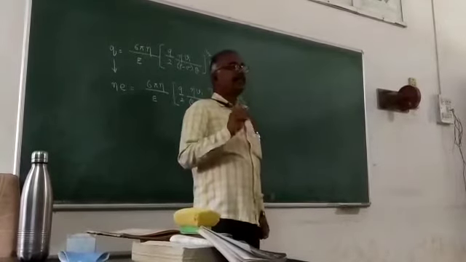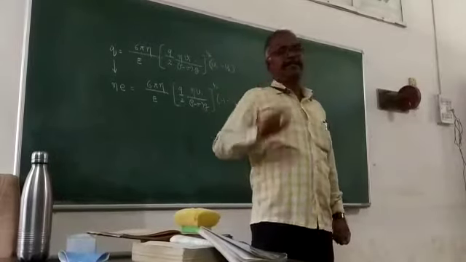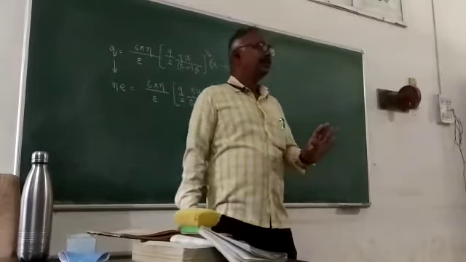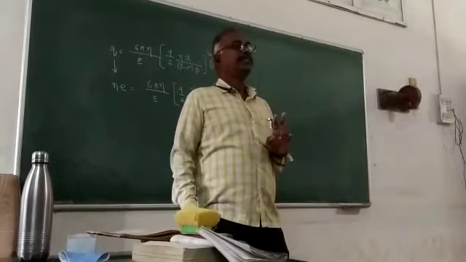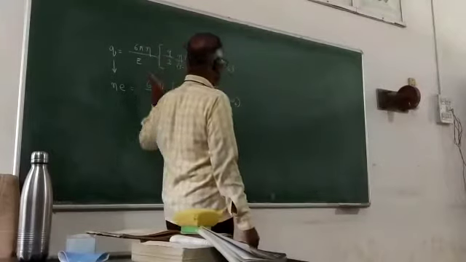V2 is the velocity of the drop when electric field is applied. These are the two velocities that you come across. Now this is the expression.